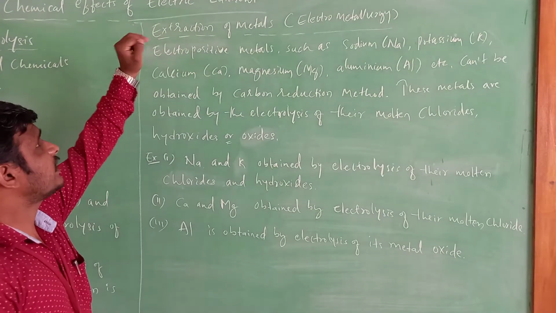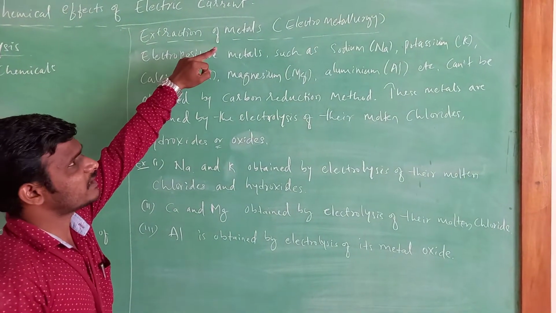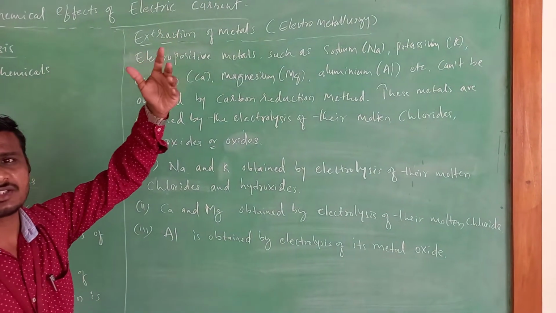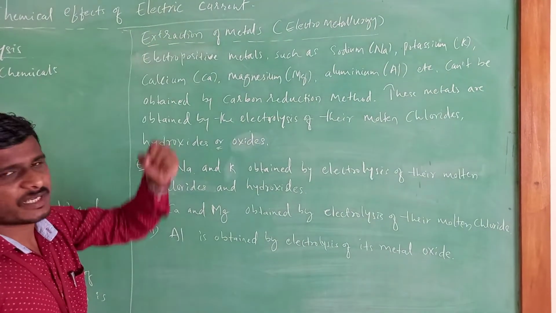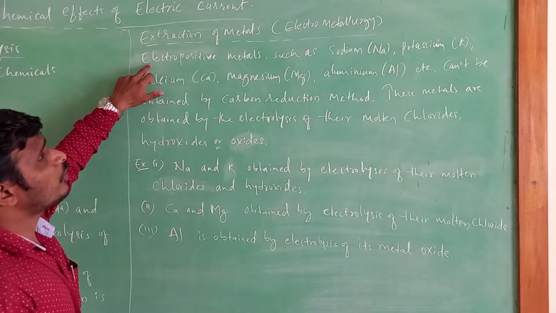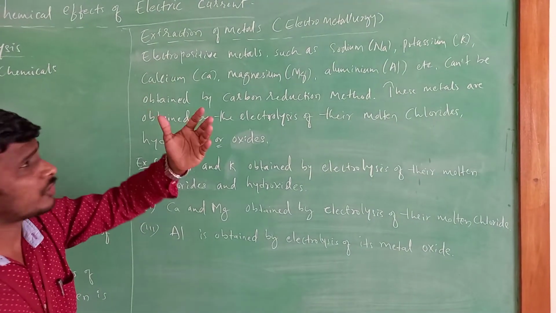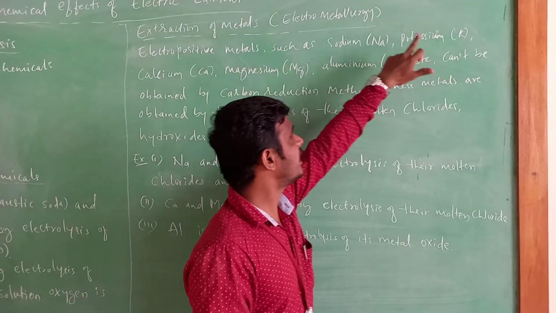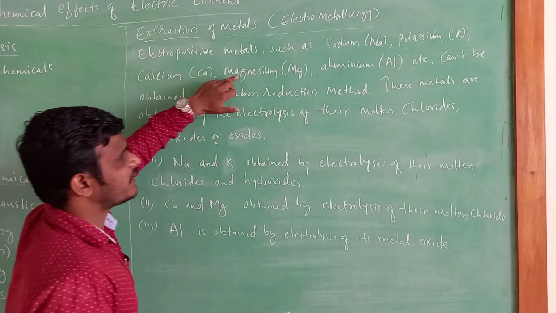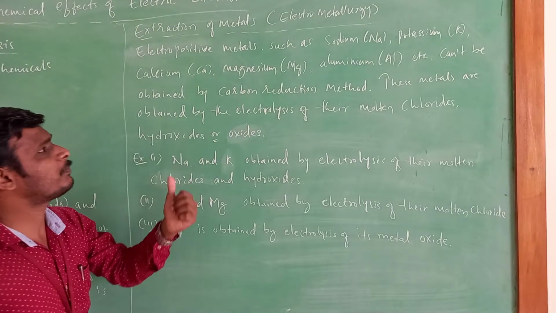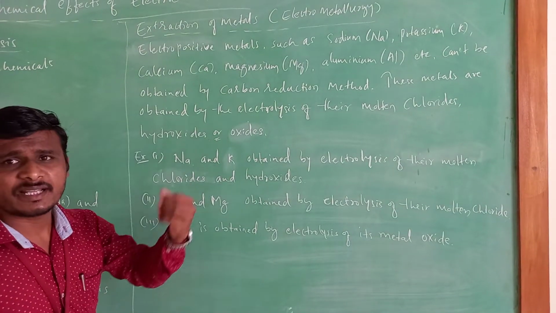Okay. Next, second application is extraction of metals, that is electrometallurgy, right? How we are going to extract some metals by the method of electrolysis, that we will study here. The more electropositive metals such as sodium, potassium, calcium, magnesium, aluminum, etc. cannot be obtained by the carbon reduction method.